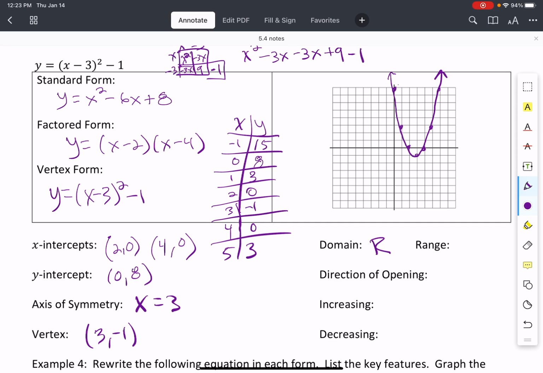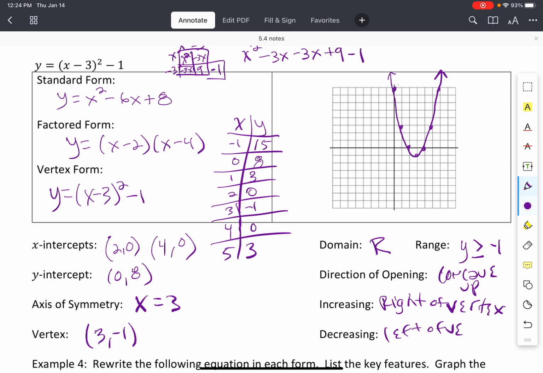Zaxton, what's the range? Y is greater than or equal to negative 1. Good. Bailey, what's the direction of opening? Upward. Good. Itzhak, is it increasing left or right of the vertex? Increasing at the right of the vertex. And so that means the decreasing is left of the vertex.